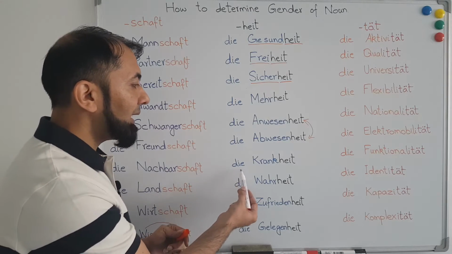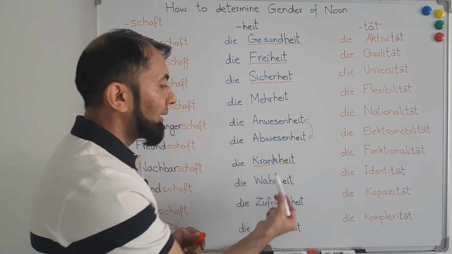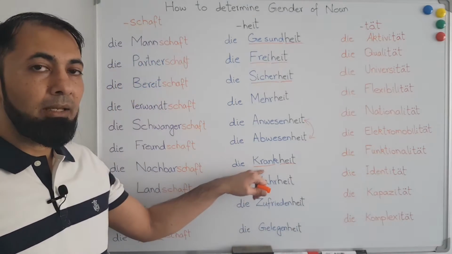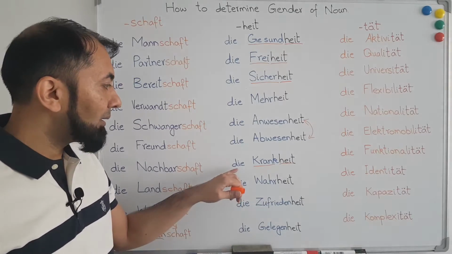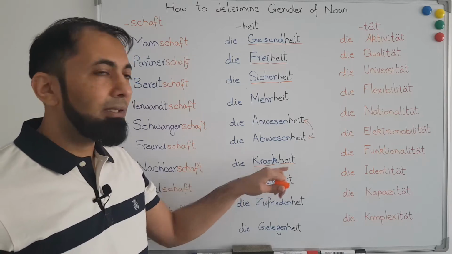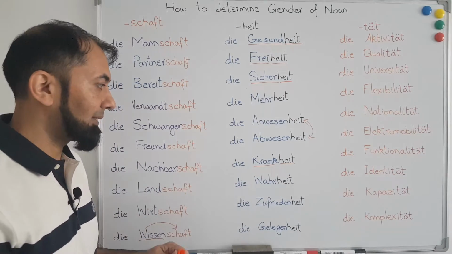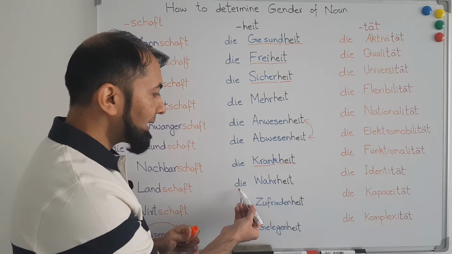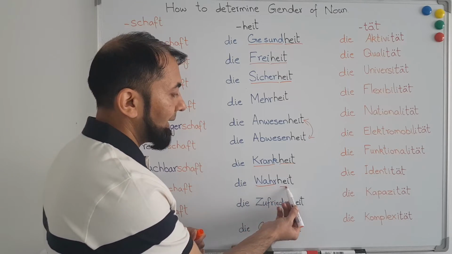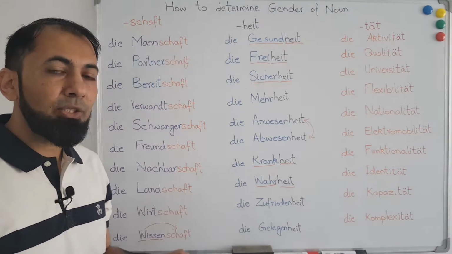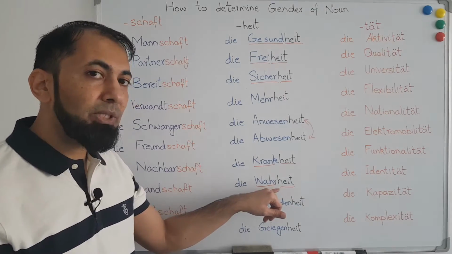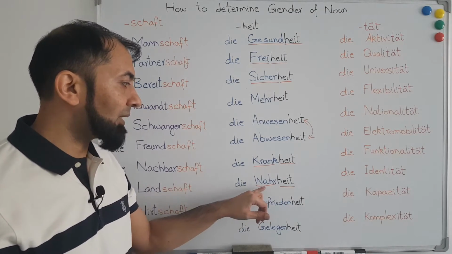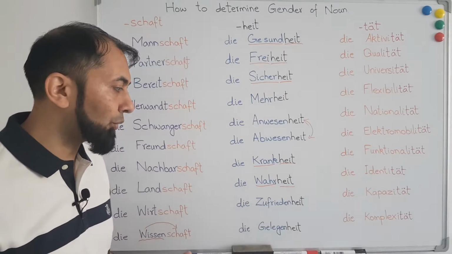Next is die Krankheit. Krank alone means ill. Ich bin krank. I am ill. And die Krankheit, Krankheit means illness. Next is die Wahrheit. Wahr alone means true. Ist das wahr? Is it true? But if we use the suffix -heit, it becomes Wahrheit, which means truth.